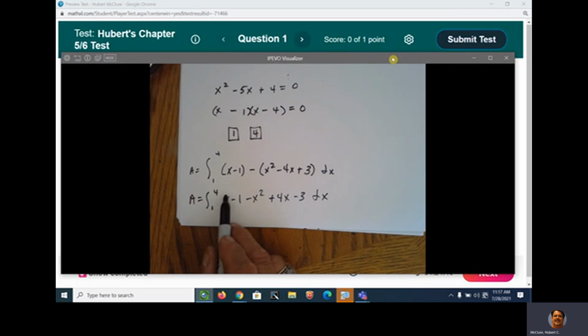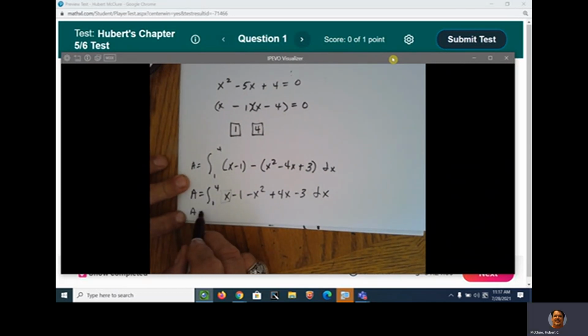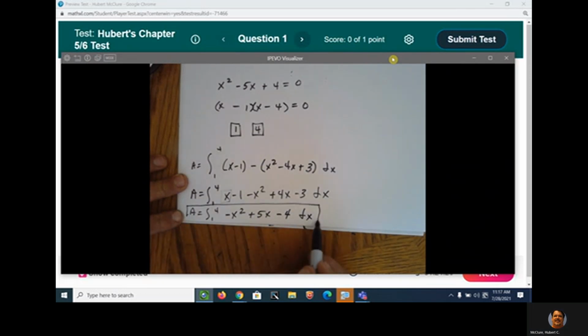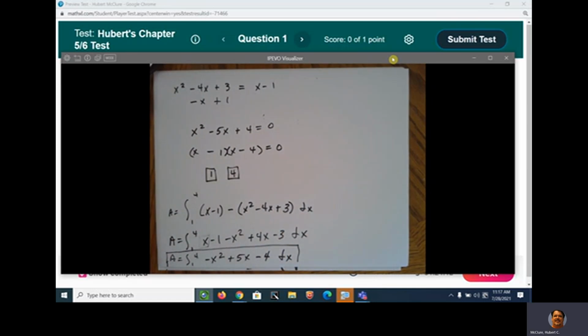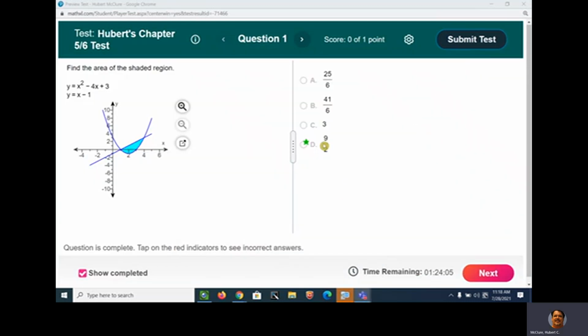And that's going to be the area from 1 to 4 of negative x squared plus 5x minus 4 dx. And there's your setup. I'm not trying to trick you on a lot of these questions. A lot of these questions are going to be straight and to the point. And your answer there is 9/2.